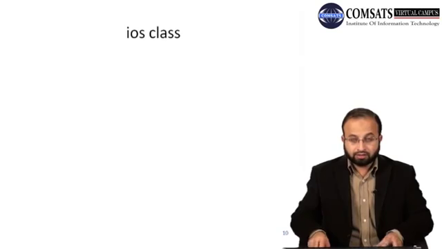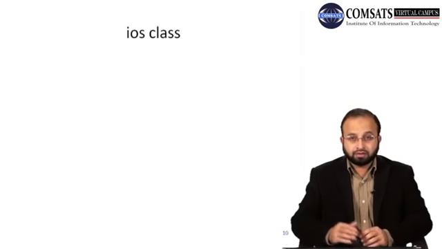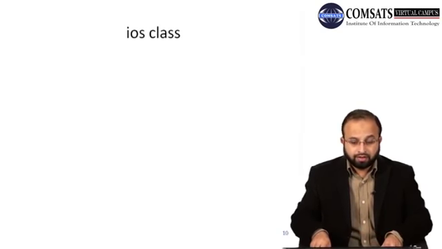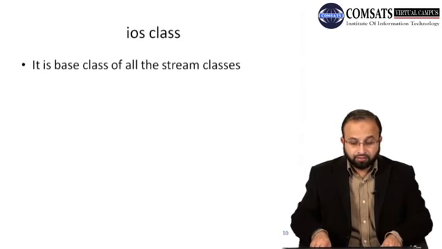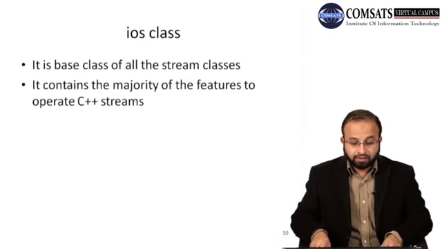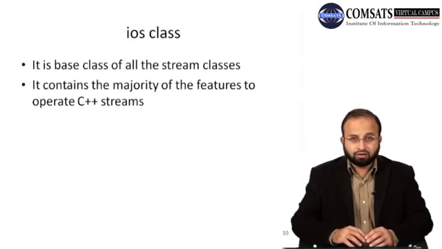Now the ios class is the base class of all the stream classes, and it contains the majority of the features to operate C++ streams. So it contains the major or necessary features to operate C++ streams, right?